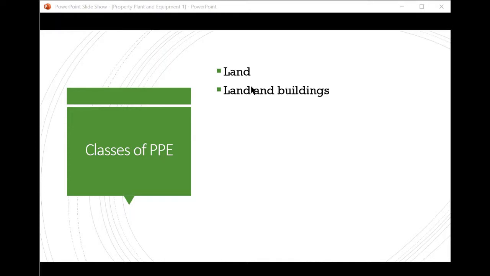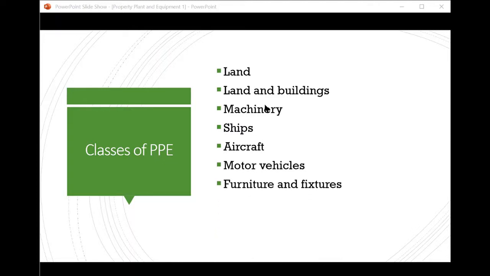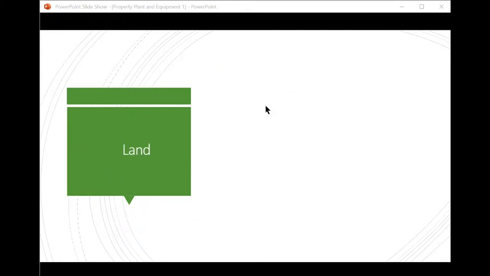So pwede gihapon kag ma-kick out ana kay ang land kay immovable ba na siya. So nanagyo na siya sa ilawom. So usually if you buy building, apil na na siya ang yuta. Then you have machinery, ships, aircraft, motor vehicles, furniture and fixtures, office equipment, bearer plants.